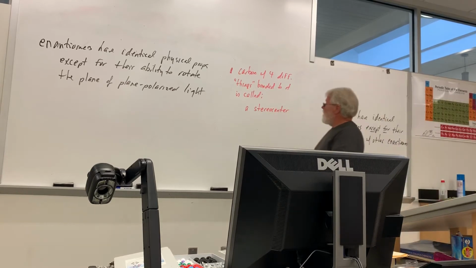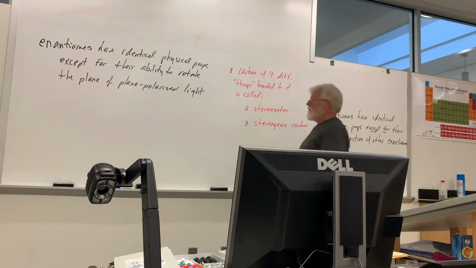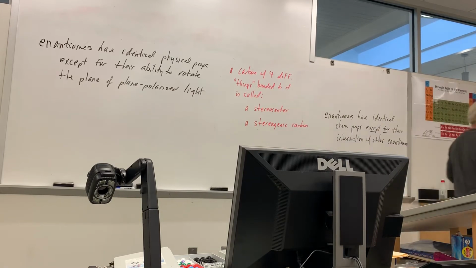It's sometimes called a stereogenic carbon. The suffix there, genic, gen, having to do with birth, origins. So, origin of stereoisomerism, if you have a carbon with four different things bonded to it.